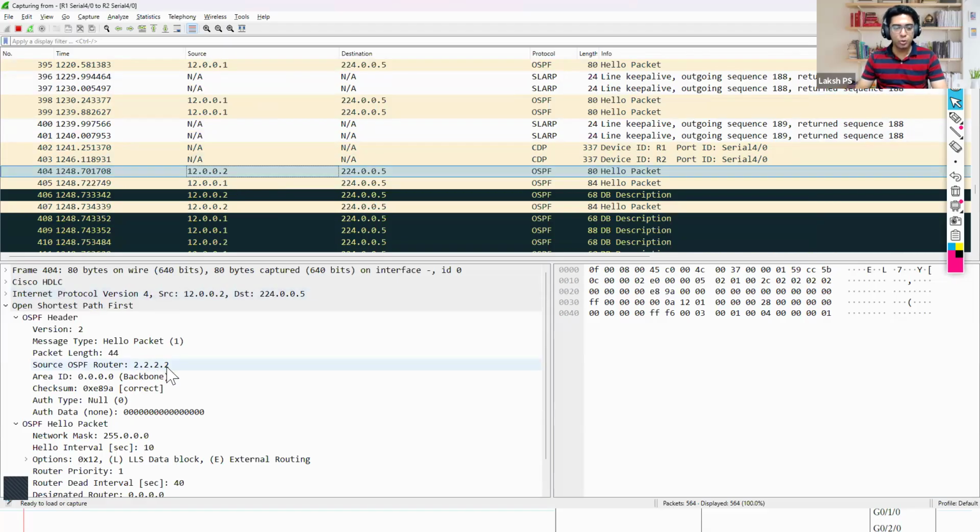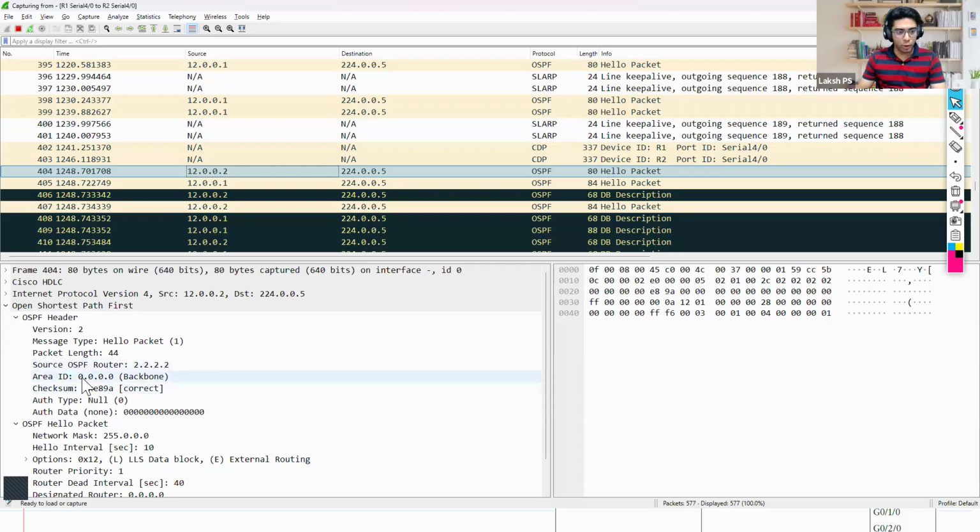R2's router ID is 2.2.2.2. We have configured two loopback addresses, 2.2.2.1 and 2.2.2.2. Obviously, 2.2.2.2 is the higher loopback address and hence it is the router ID. If I hadn't created loopback 1 and loopback 2 on R2, the serial interface IP address, that is 12.0.0.2 of R2, would be the router ID.